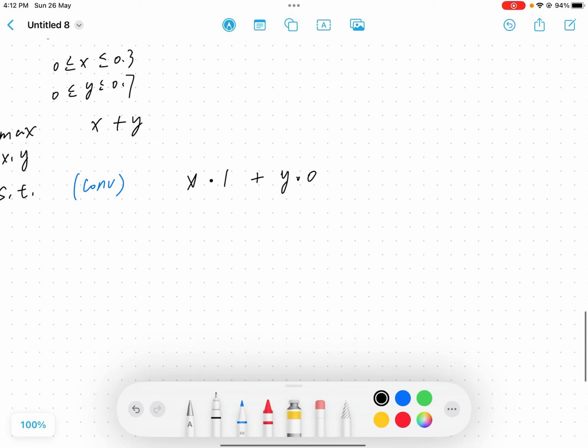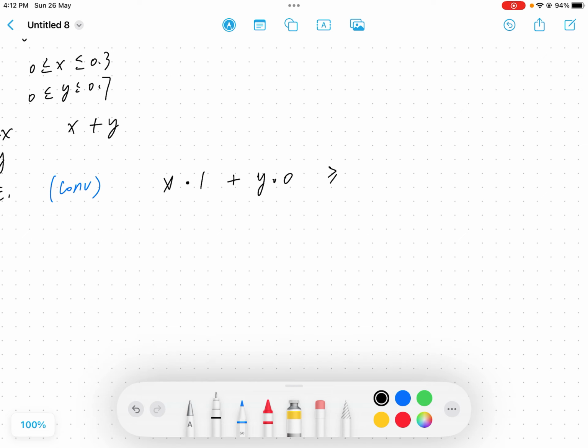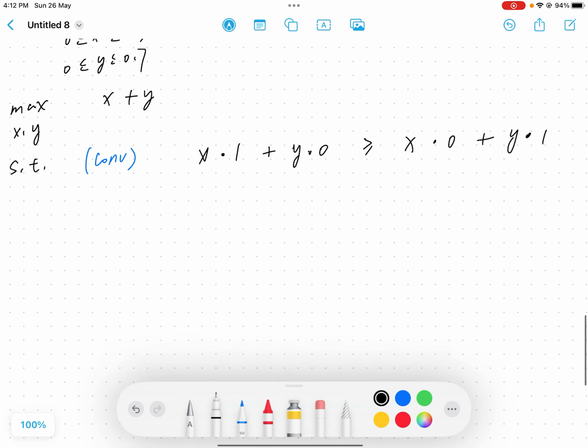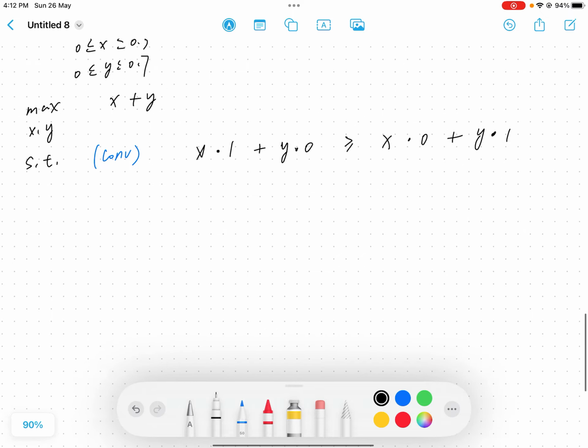And this should be greater than or equal to the deviation case, which is x times 0 plus y times 1. This is the utility from deviation. So that's the first constraint.